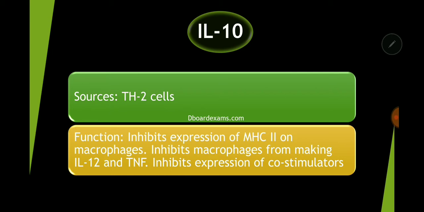Interleukin 10 is produced by the T helper cells, and its function is to inhibit expression of MHC2 on the macrophages. MHC2 on macrophages is inhibited by interleukin 10.